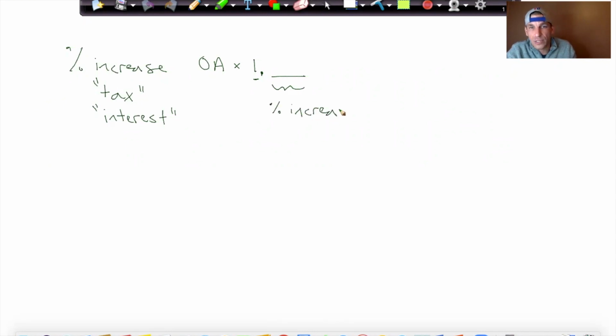In other words, let's pretend I have something that is initially $100, which is pretty easy to break down. But I have an 11% increase on that $100. On the SAT, what they would want you to do is 100 times 1.11. The 1.11 is what symbolizes the 11% increase.